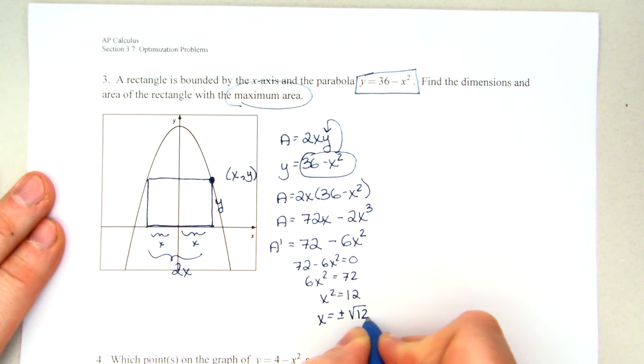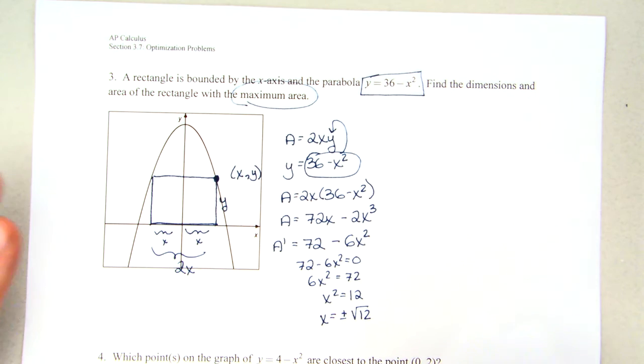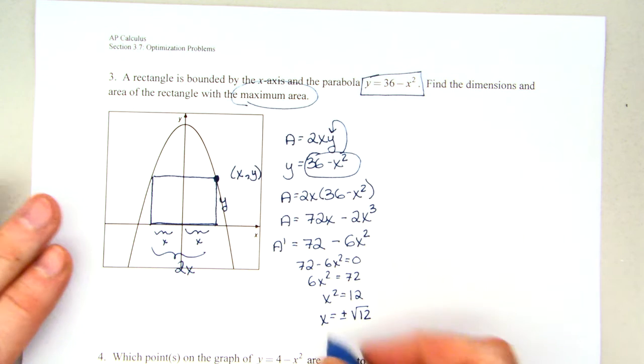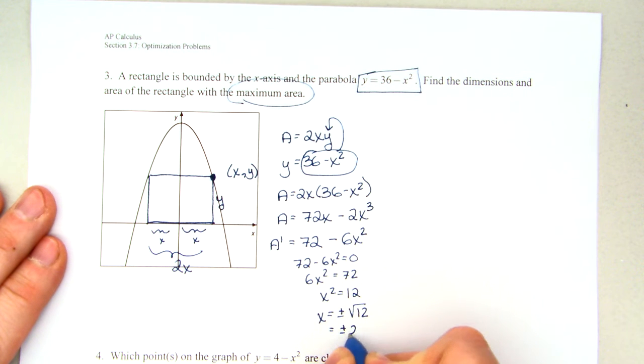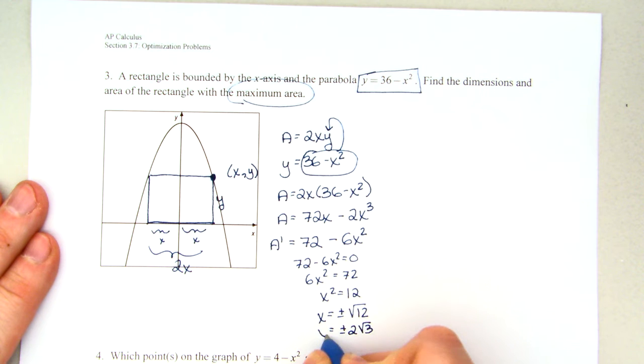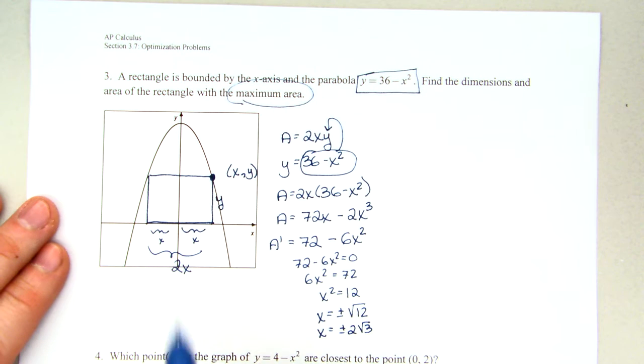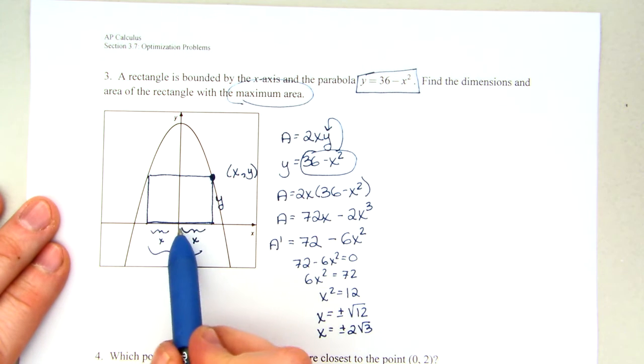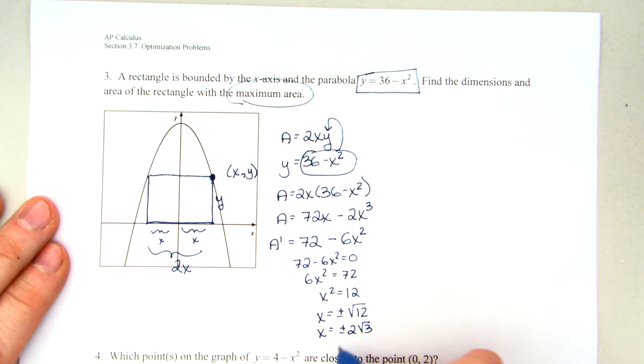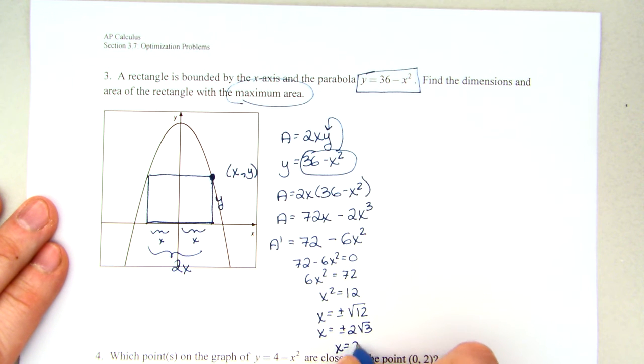We should be getting plus or minus the square root of 12, and I think I'm going to simplify it down to plus or minus 2 root 3. And I realize that x is a coordinate there, but if I'm also considering it to be a distance, it should probably be a positive distance, so we're just going to focus on 2 root 3.